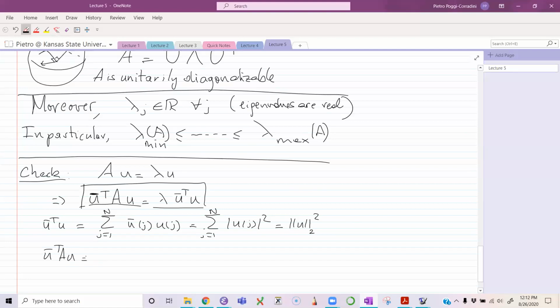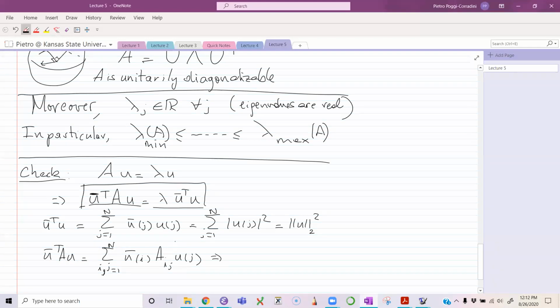All right, so how would you write that down in coordinates? You would write the sum over i, j from 1 to n of u bar i, aij, uj. That's the formula for the quadratic form. But what happens if I take the conjugate of this expression?